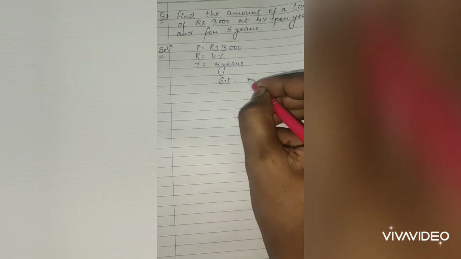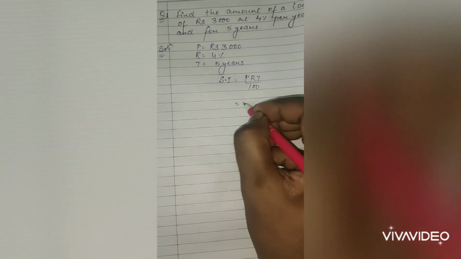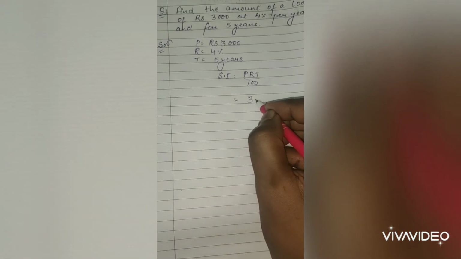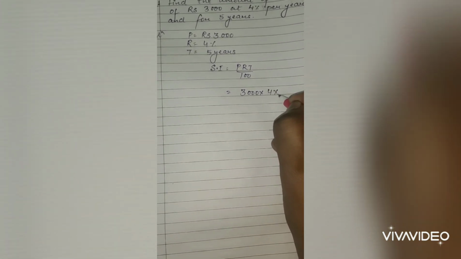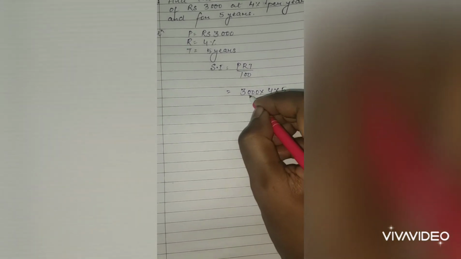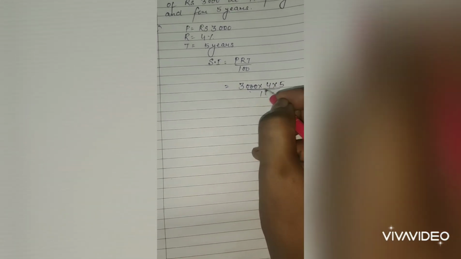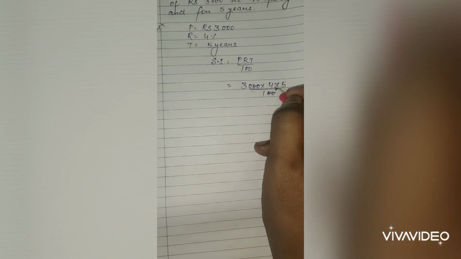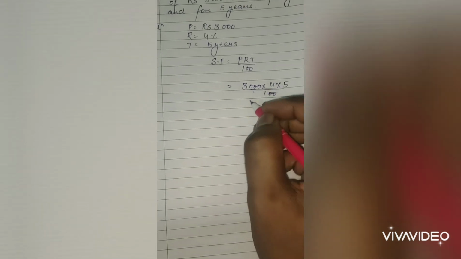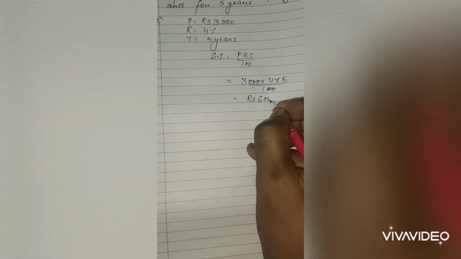Clear? From here we can take out the simple interest. So simple interest is equal to PRT upon 100. Now put the values: 3000, rate is 4, and time duration is 5, upon 100. Clear? So the zeros will be cut. Now 5 fours are 20, and 20 multiplied by 30 will be rupees 600.